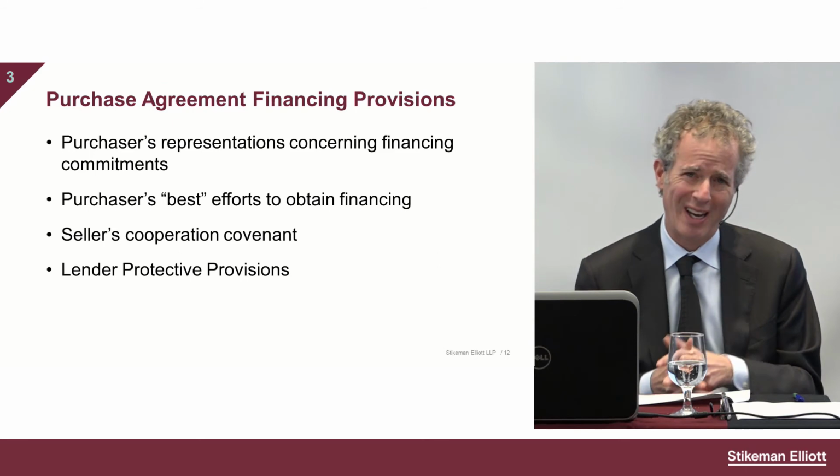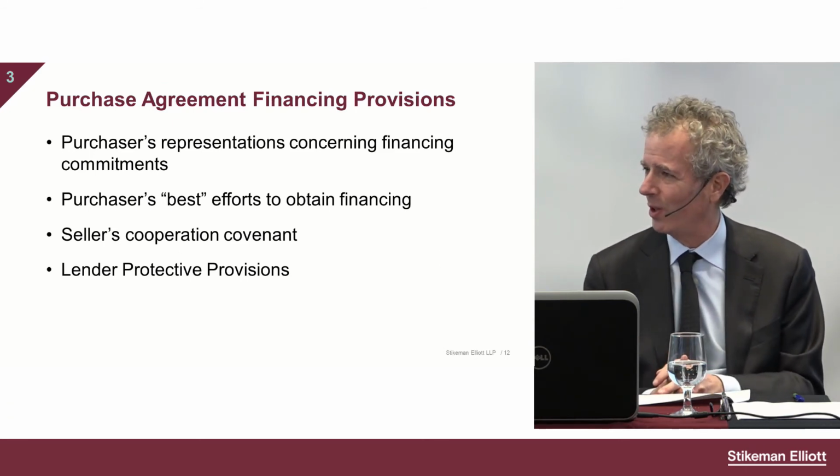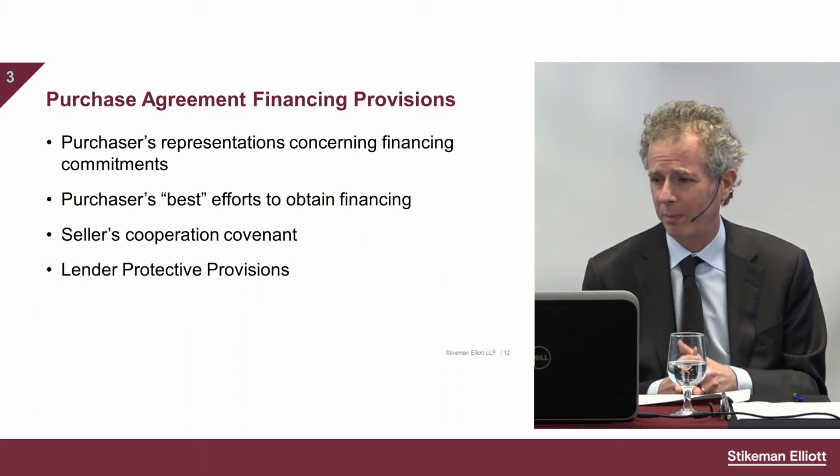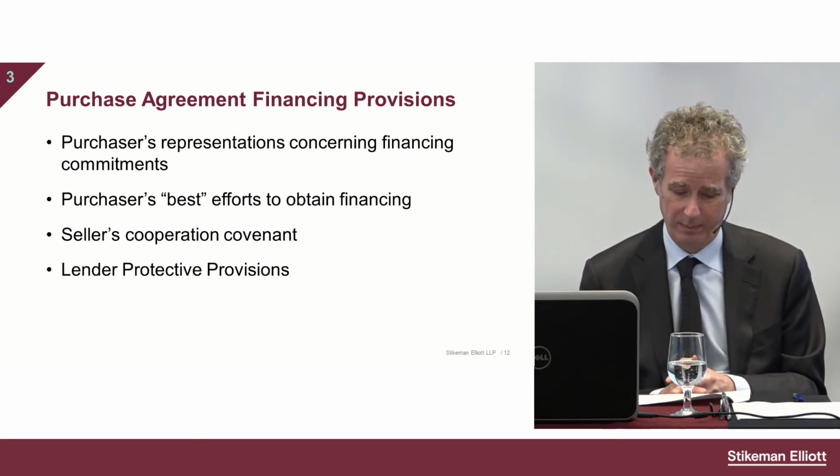So I'm not sure we're going to see Xerox provisions come to Canada in the near future, but we're seeing some of them. They're not common, and some of these provisions, for example, waiver of jury trial or selecting New York law, would be completely foreign and unnecessary in a Canadian transaction.